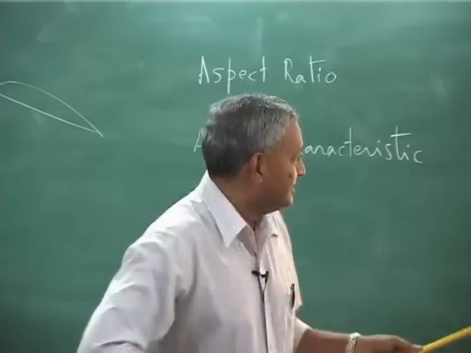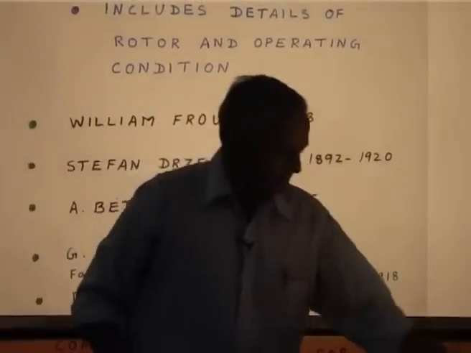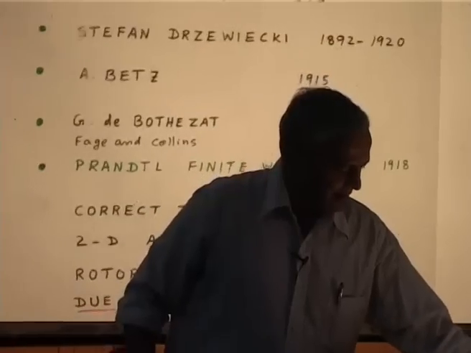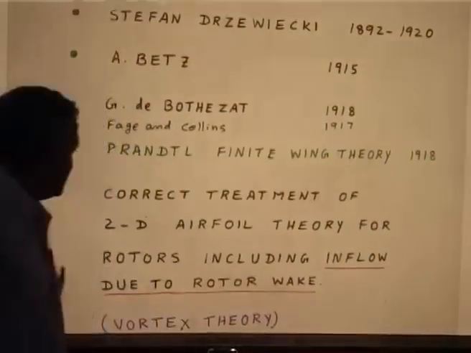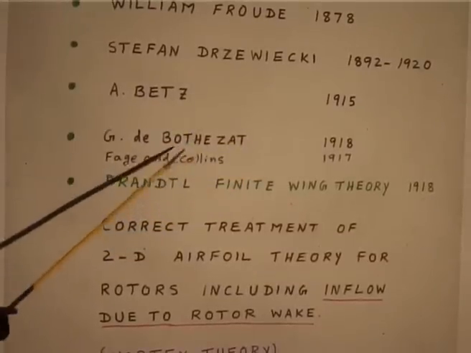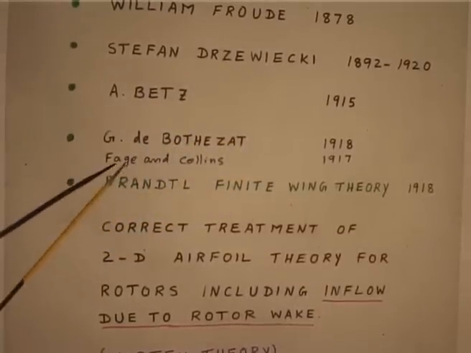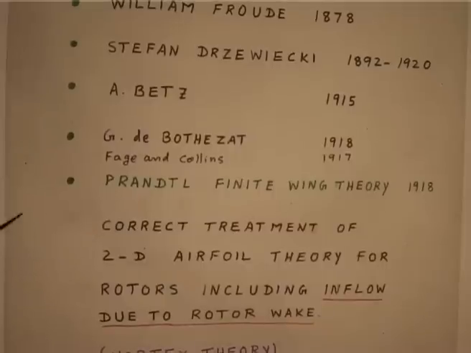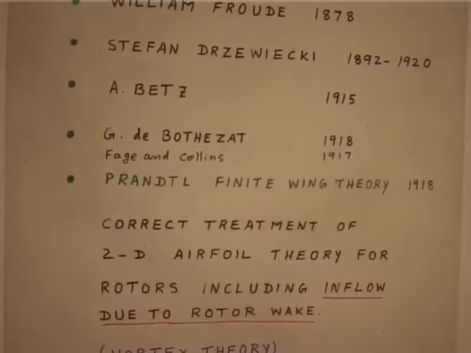So, in 1915, 1917 and 1918, that is Betz and Bothezat, and then Page and Collins, these are the three groups of people. They said I have to take the induced velocity.